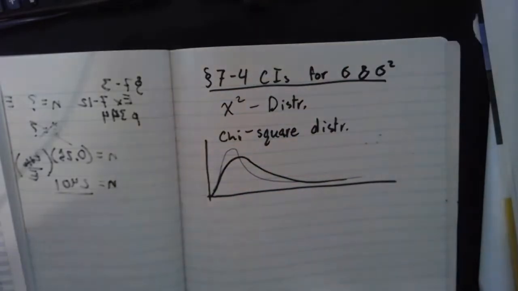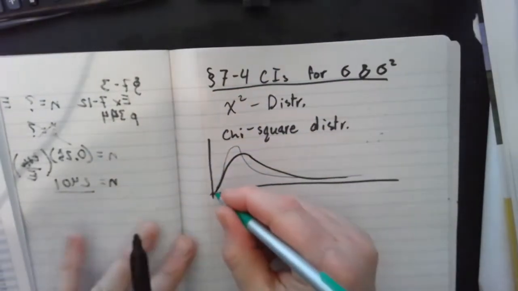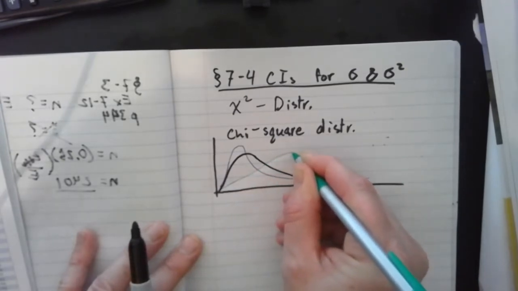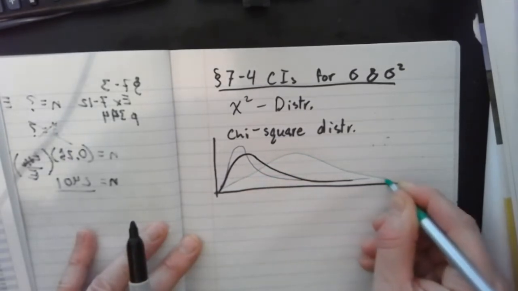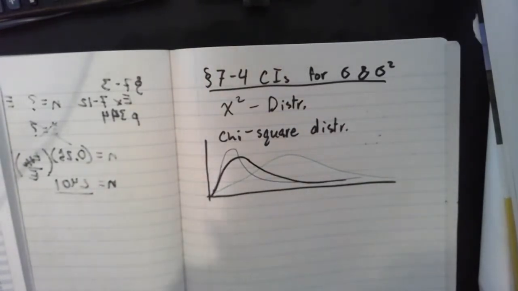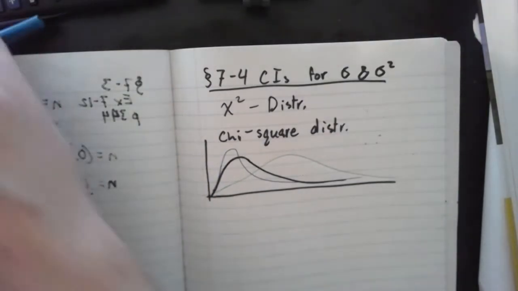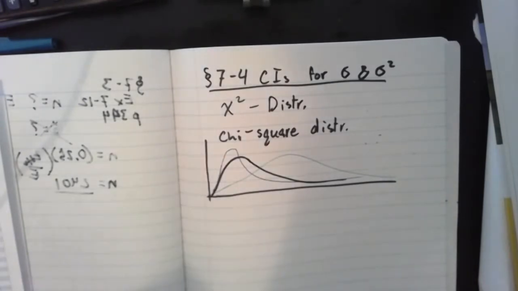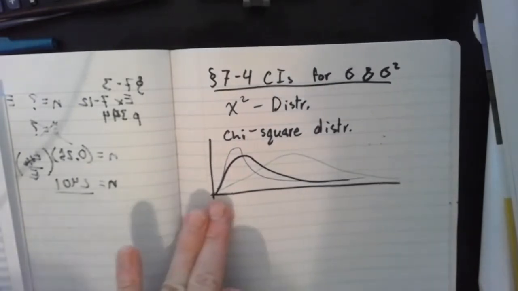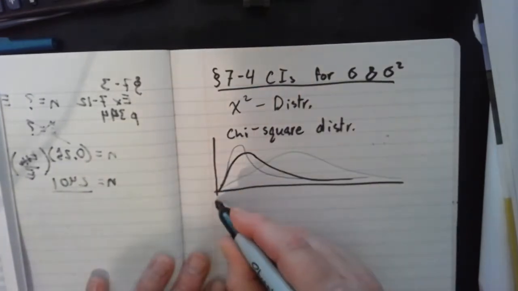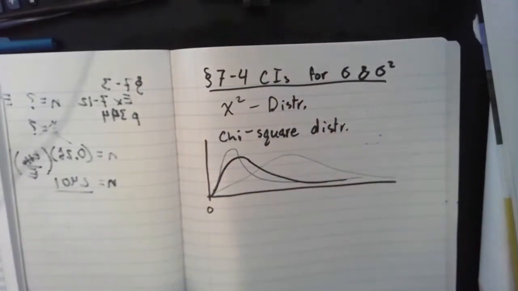As you should be able to see in the book, as n grows large, the curve approaches a more symmetric shape. It's almost like the bell curve there, except it's very, very skewed to the right, because remember, all of these chi-square values are greater than or equal to 0.